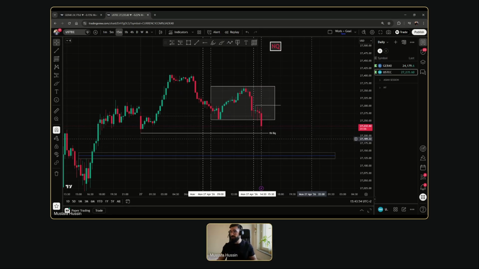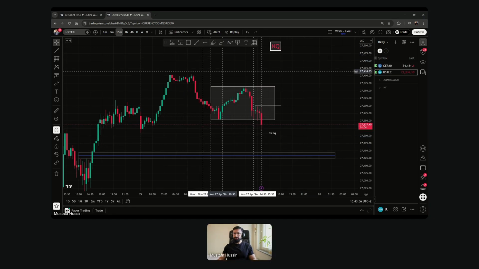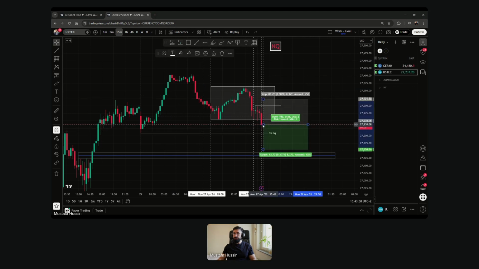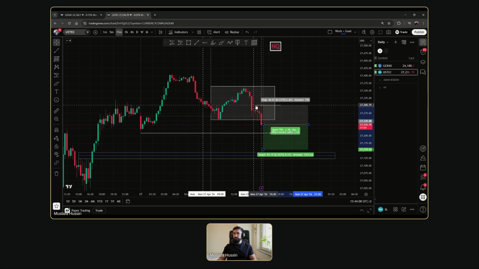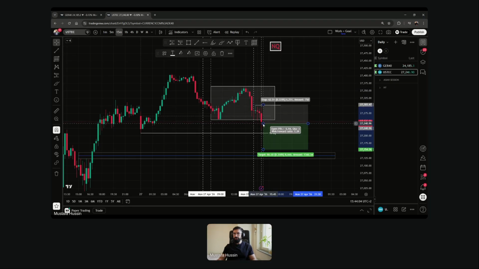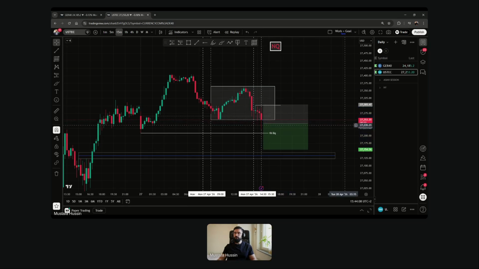I'm not liking this trade. Why? The main reason is it's a 65 pip, about 60, let's say 60 pip stop loss area.